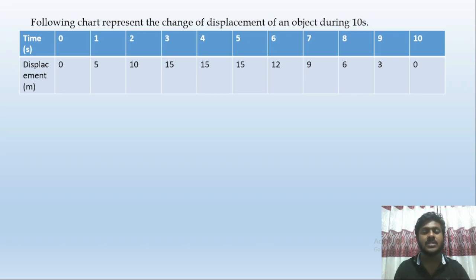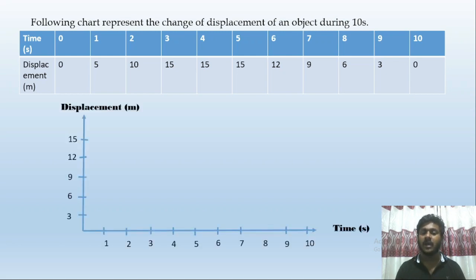And for another 2 seconds it stays at that position, and after that it starts moving opposite to the initial direction, and the displacement becomes 0 after 10 seconds. That means it came to the initial position after 10 seconds. So let me draw the graph.